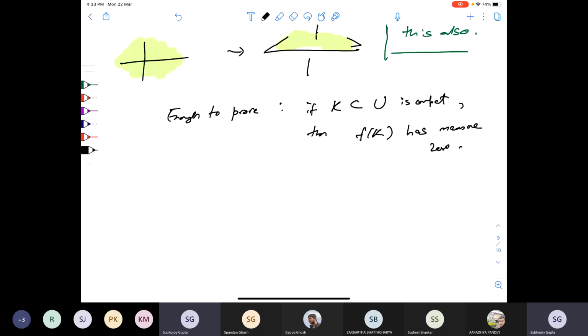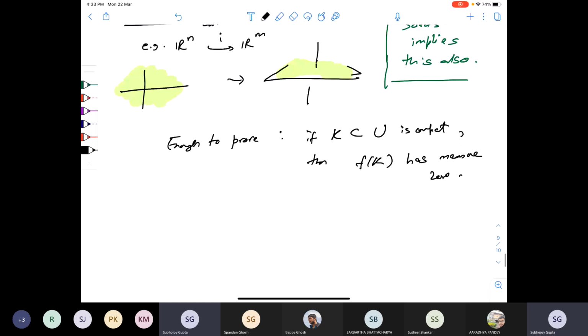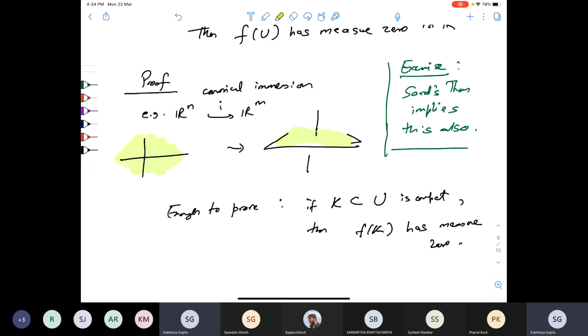So we're going to use that assumption, and the point is that it's easier to imagine that your map is defined on some compact set.